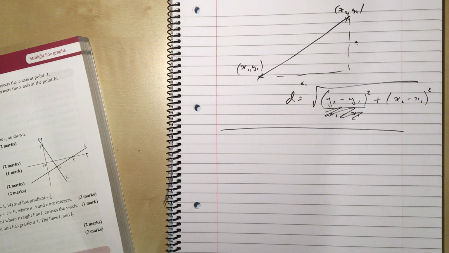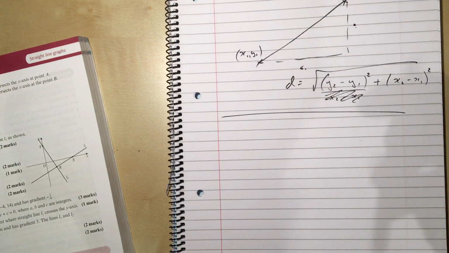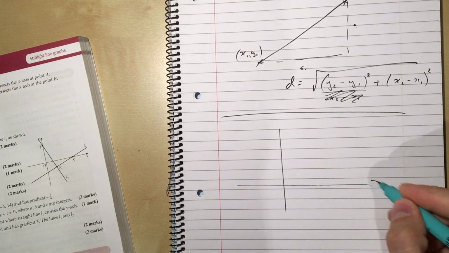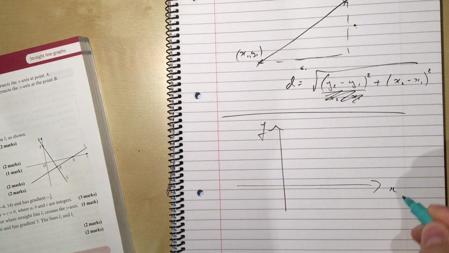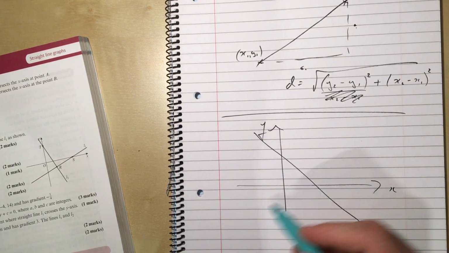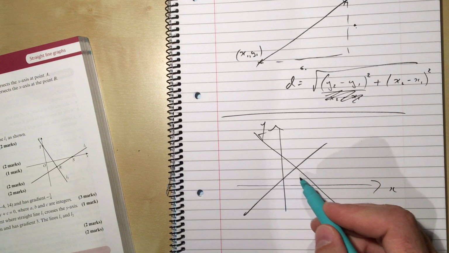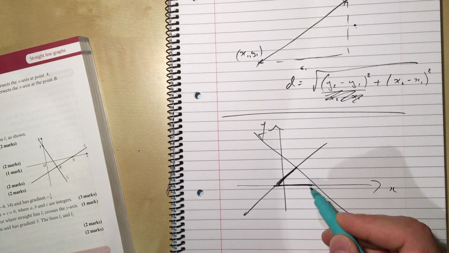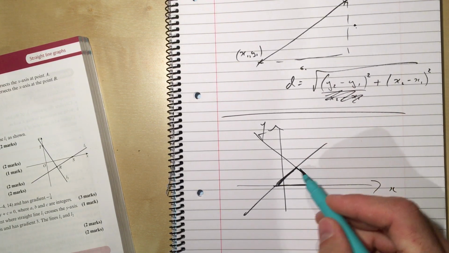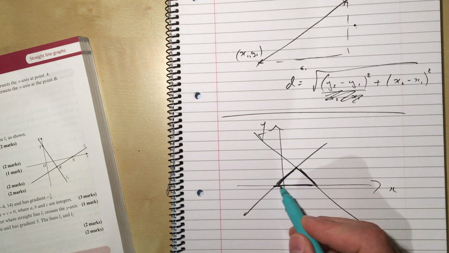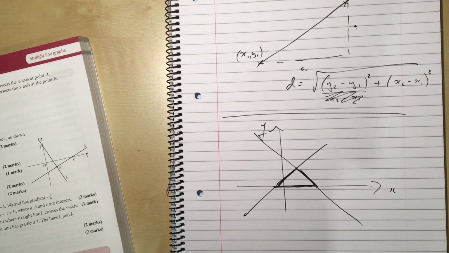If you're looking at the area questions, they almost always tend to work something like this. We've got a y-axis and an x-axis, and I draw a line here, and I draw another line here, and it'll say something like, well, so here's a triangle. Look, I've made a triangle between these two lines in the x-axis. Find the area of that triangle.